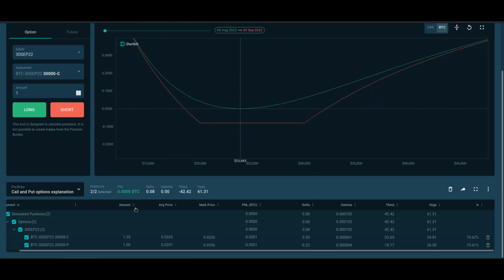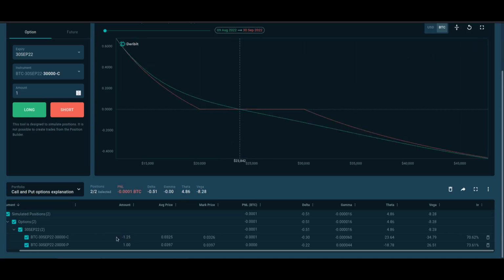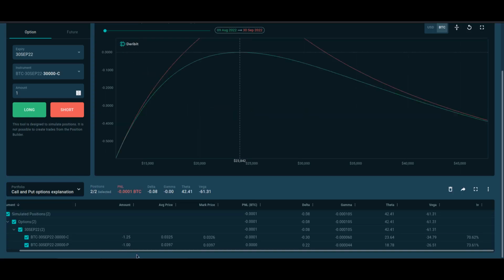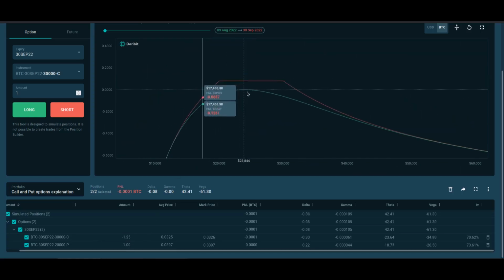So basically it looks like a strangle, but with two peaks instead of one. So okay, let's sell it, and we have the same but reversed. Of course we can buy edges and hedge our unlimited losses.